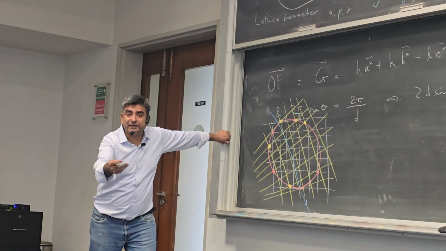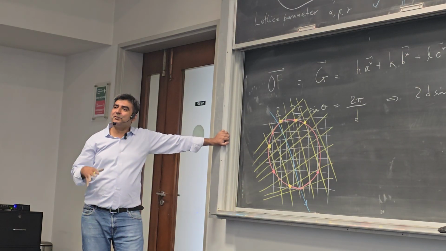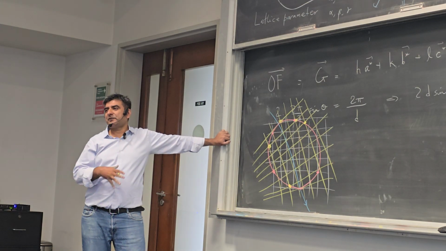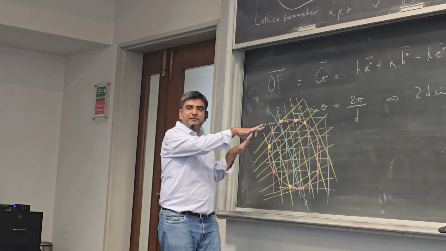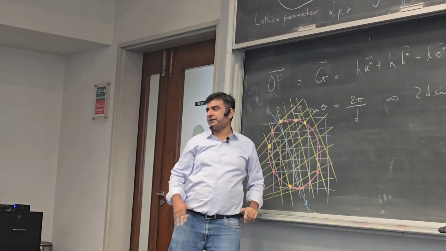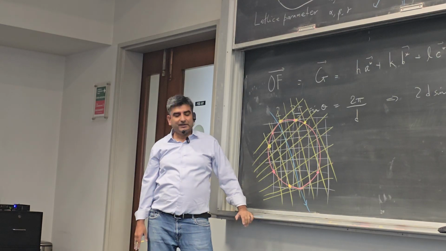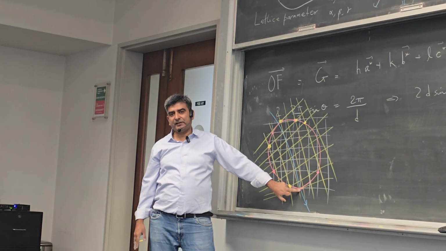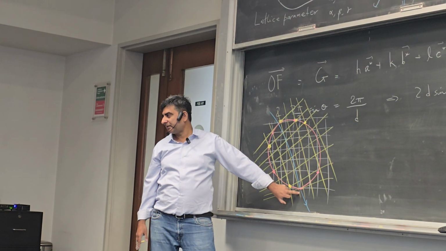So I can expose new planes. Another way to do exactly the same geometrical construction is to keep the reciprocal lattice fixed and rotate the x-ray direction, keeping this point as still the fulcrum to keep our lives simpler.